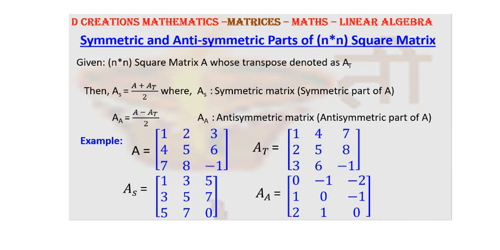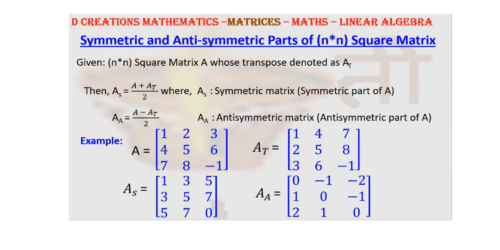If you add A to its transpose, that means A plus AT, and divide it by 2, you're going to get the symmetric part of A. Similarly, if you do the operation A minus A transpose and divide by 2, you are going to get the antisymmetric part of it.